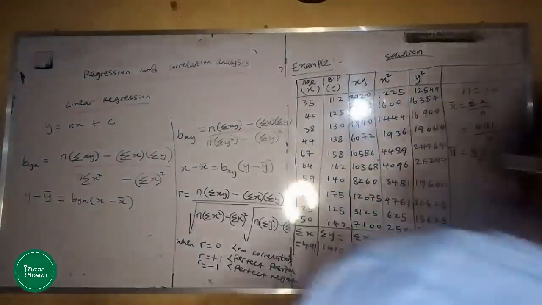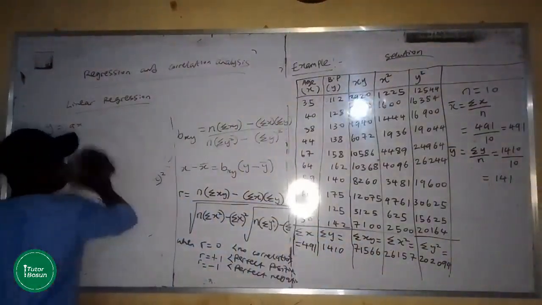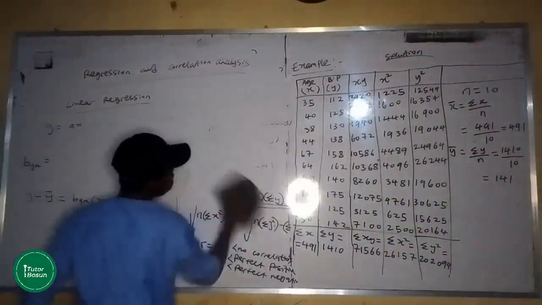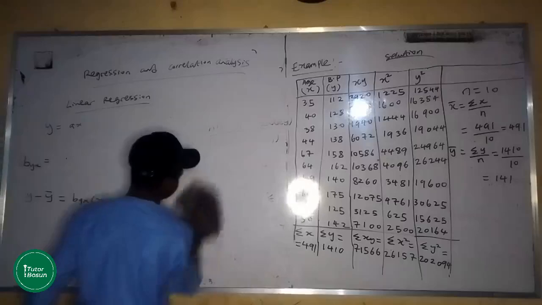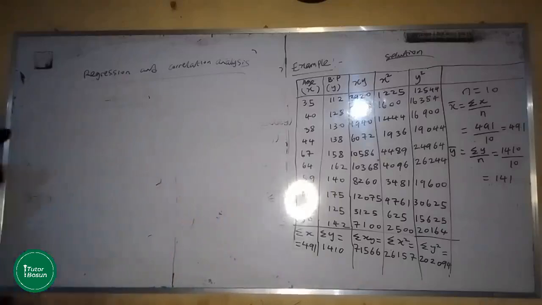So we have been able to deal with the table. We've been able to compute all our values, so we can now compute our regression. We can derive our regression model from those values.